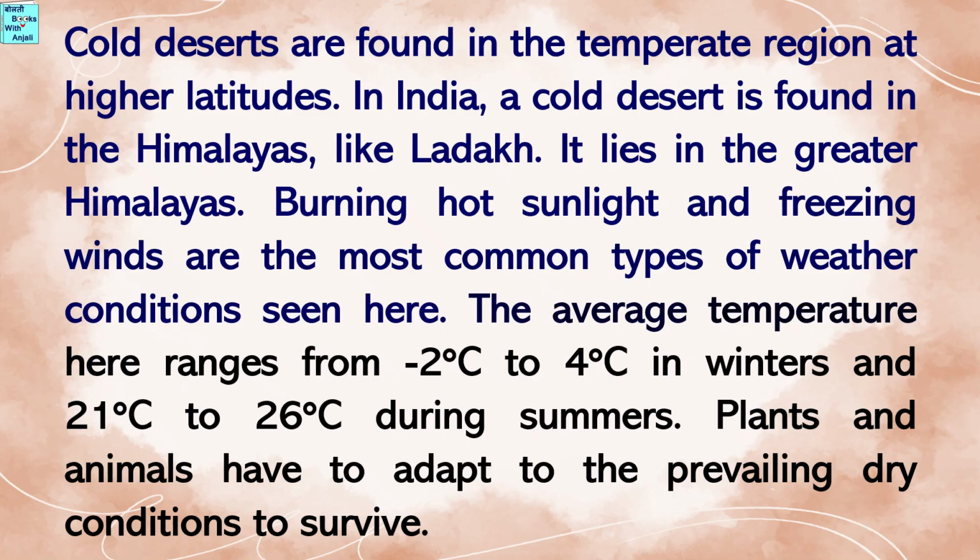The average temperature here ranges from -2 degrees to 4 degrees in winters and 21 degrees to 26 degrees during summers. Plants and animals have to adapt to the prevailing dry conditions to survive.